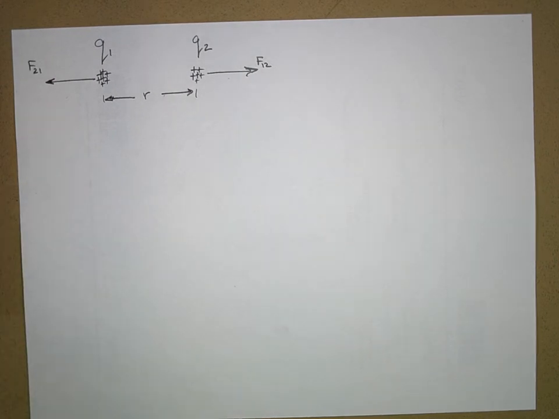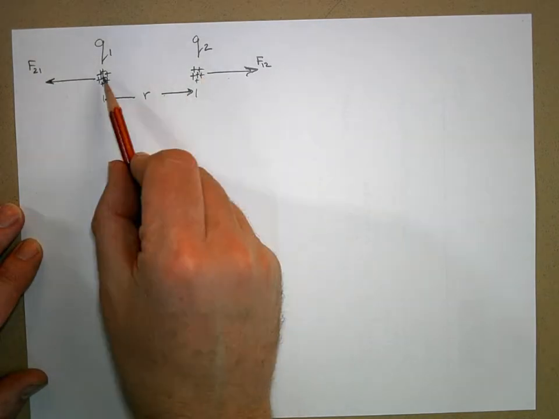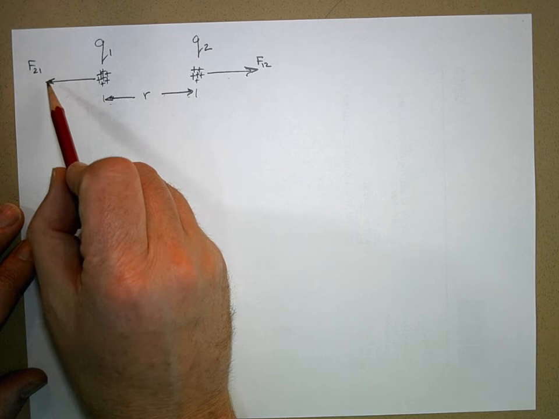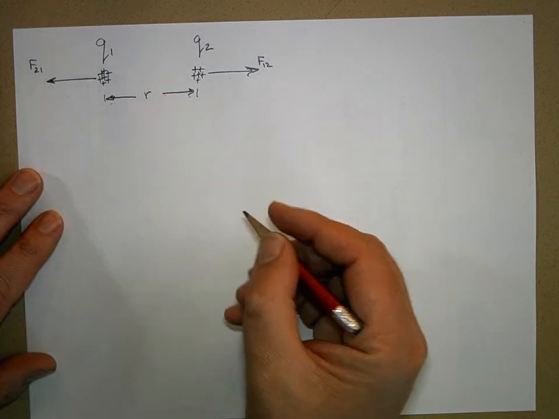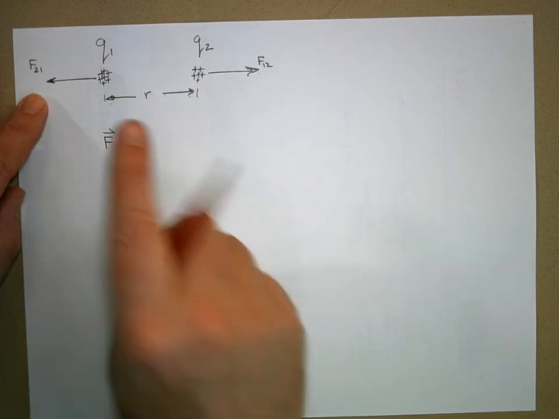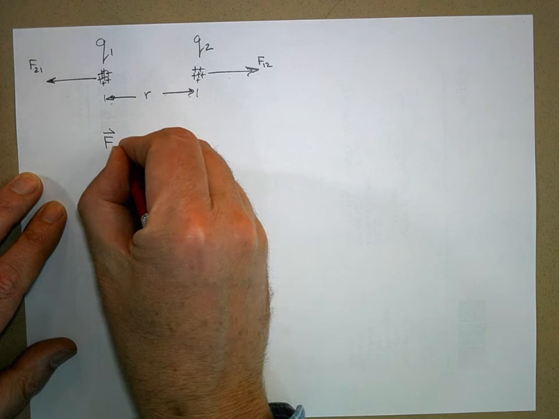And so Coulomb started doing experiments. What he did was measure the charges, measure the distance between them, and measure the forces that were exerted, and find a mathematical relationship that describes how these quantities interact. And this is what he found out. The magnitude of the force of 2 on 1 or 1 on 2 is equal to this.